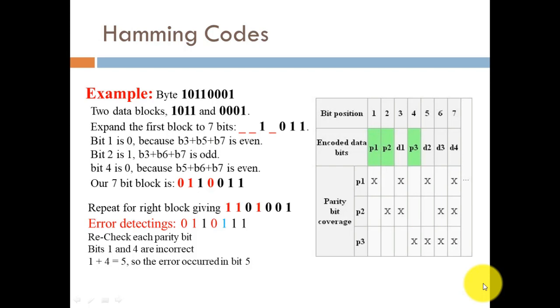So how are we going to make this Hamming code, and how are we going to evaluate where a bit has gone through an error? We have to represent our 4-bit data sequence by expanding the first block to 7 bits as blank, blank, 1, blank, 0, 1, 1.